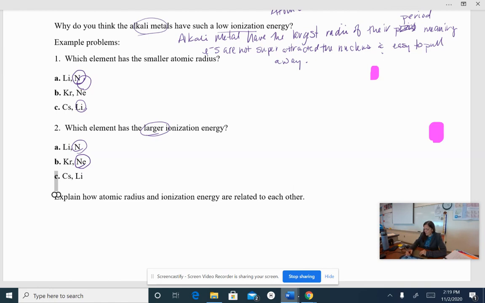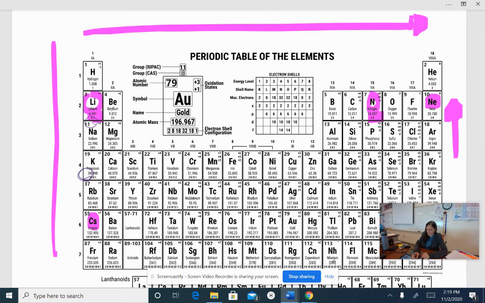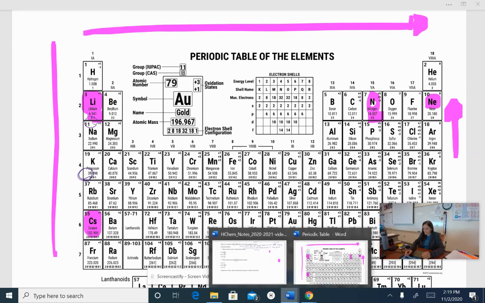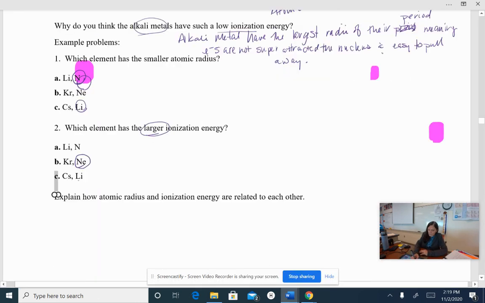And if we look at cesium and lithium, same thing. Cesium's down here, lithium's up here. So lithium's higher on the periodic table, so it will have a higher ionization energy. So lithium we would choose as well to have the larger ionization energy.